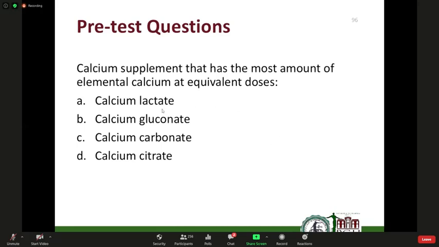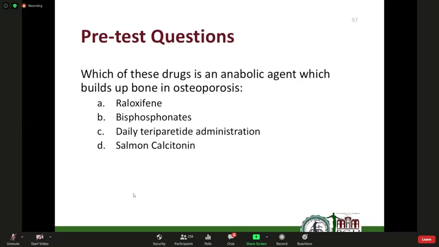Kaya baka may sumasagot ng calcium gluconate, kasi yung naaalala nila is the IV calcium gluconate. We're talking about here the oral supplements, no? So in terms of the oral supplements, it's actually calcium carbonate. So naintindihan ko naman, but sinasagot ng iba yung calcium gluconate, kasi, diba, the bioavailability is highest kasi IV calcium gluconate yung pinag-uusapan. But we're talking about here oral supplements.